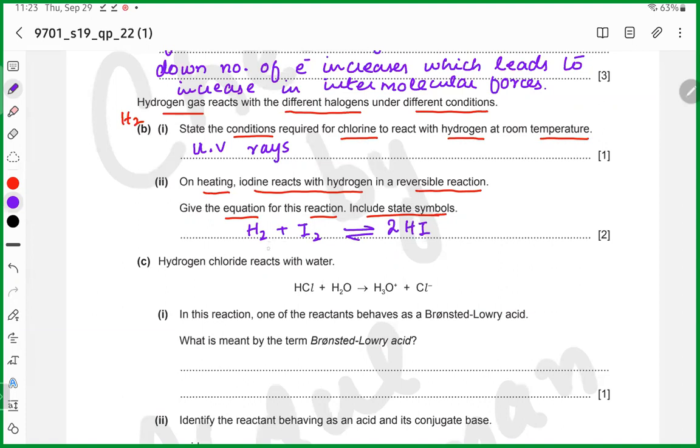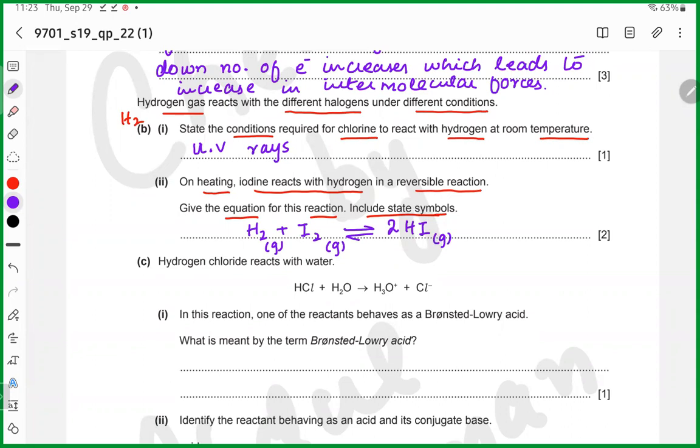They ask you to state the state symbols as well. So hydrogen is a gas as we are heating. Iodine easily sublimes, so it is also a gas, and the hydrogen iodide that forms is also a gas. Is this clear?